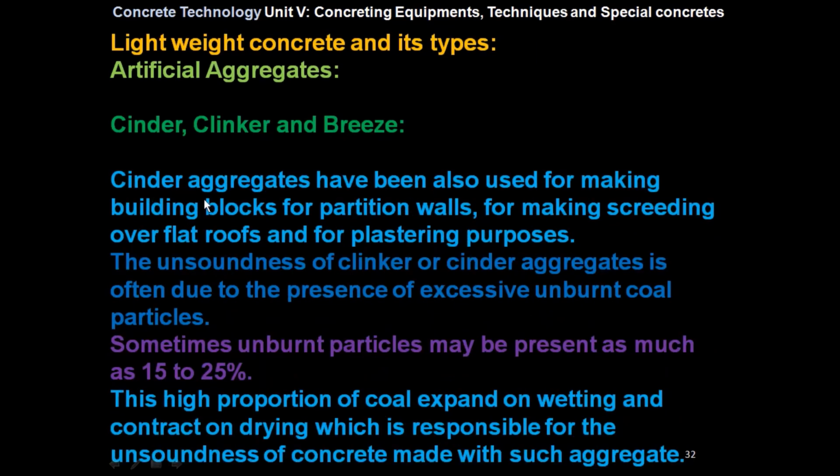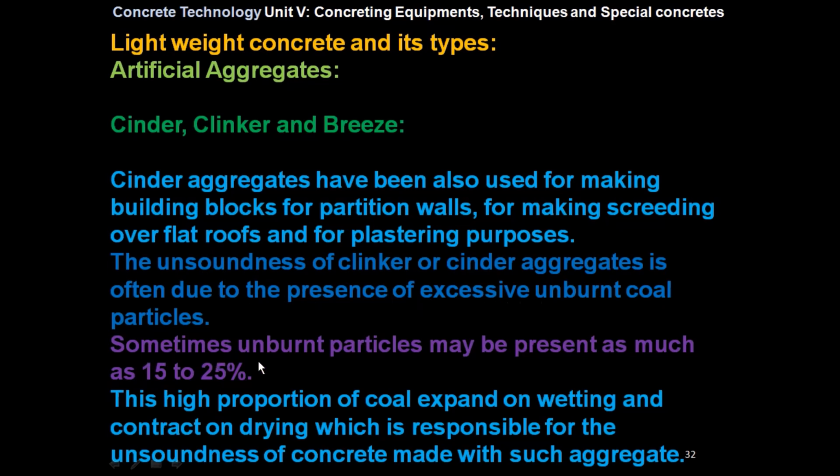Cinder aggregates have also been used for making building blocks, for partition walls, for making screeding over flat roofs and for plastering purposes. The unsoundness of clinker or cinder aggregates is often due to the presence of excessive unburnt coal particles.